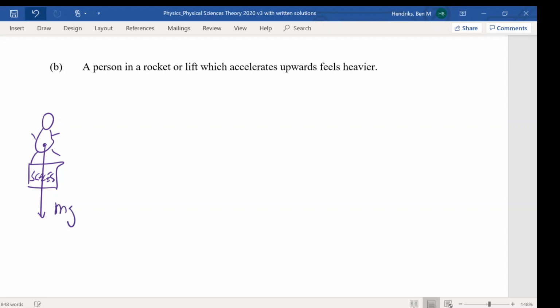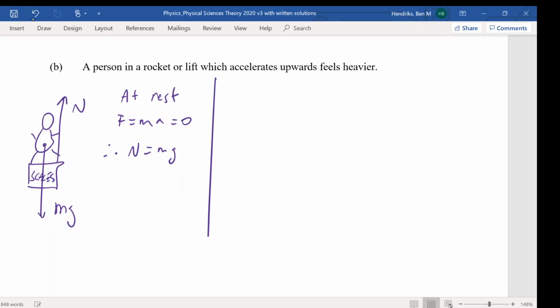And then we have the normal force here. So when we're just at rest, the net force, mass times acceleration, is equal to 0, and therefore N is equal to mg. They have to be totally balanced. So they're balanced, the person's not moving, the scales aren't moving.